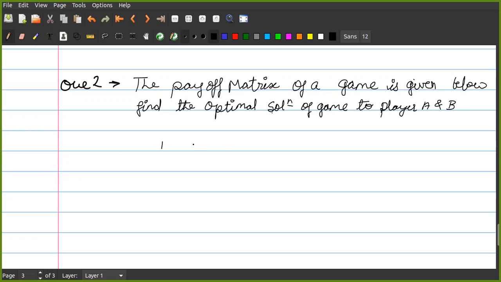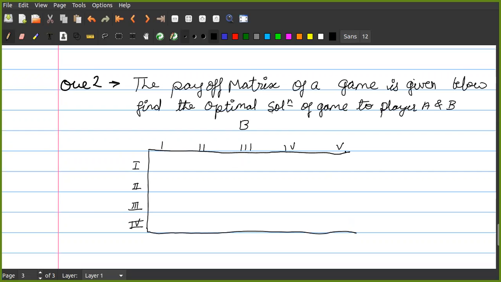So we have 5 strategies, 1, 2, 3, 4, and 5, for player B. And similarly, we have 1, 2, 3, 4 strategies for player A. So this is the payoff matrix that is given to us in the problem. Just try to understand that these are straight lines.